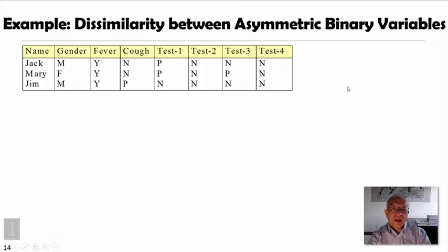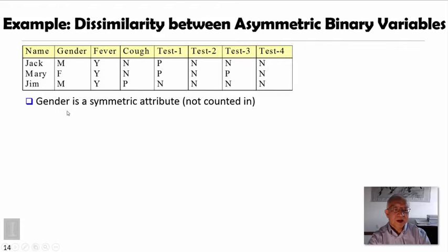Now we look at the rare cases. Suppose we have some medical tests. We have Jack, Mary, and Jim, three people. Their tests are represented in this table, and we can map them into a contingency table. Since gender, the chance to be male or female, is roughly equivalent, this is a symmetric case.